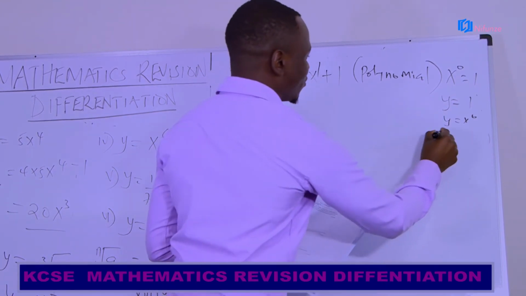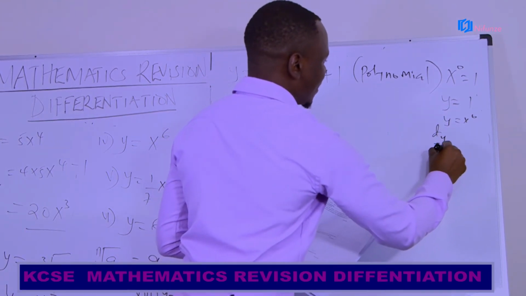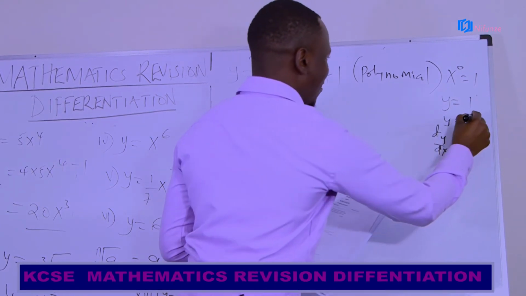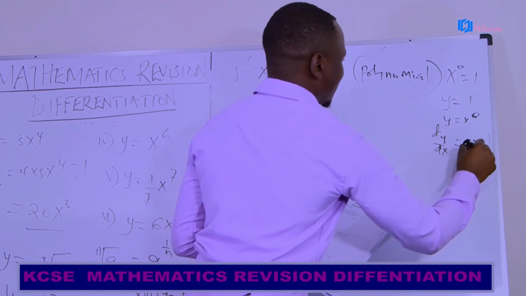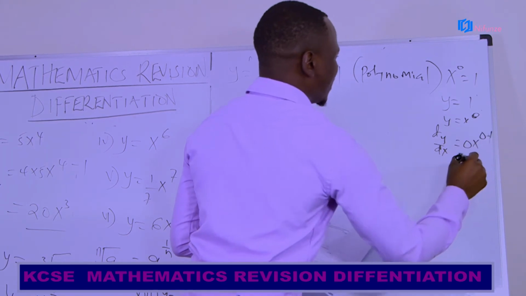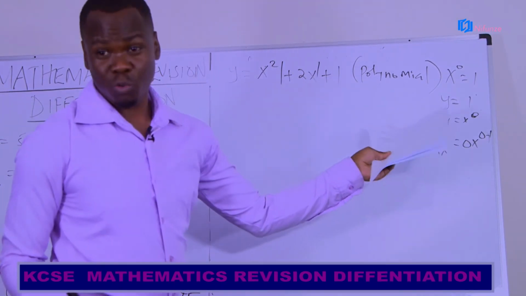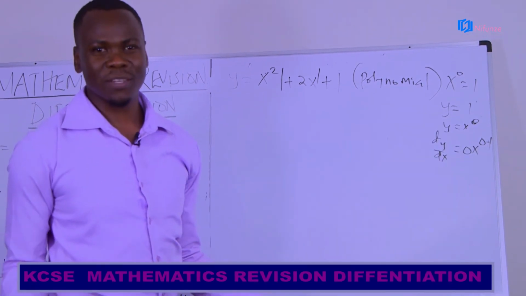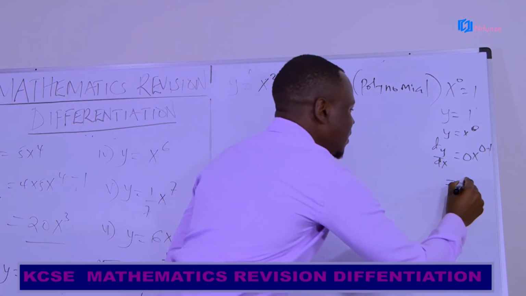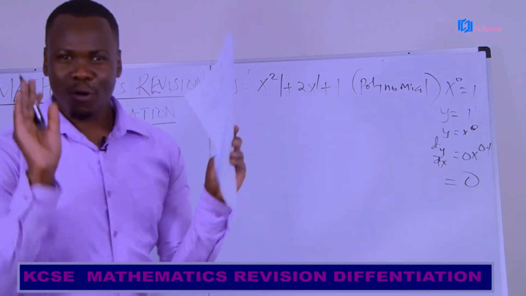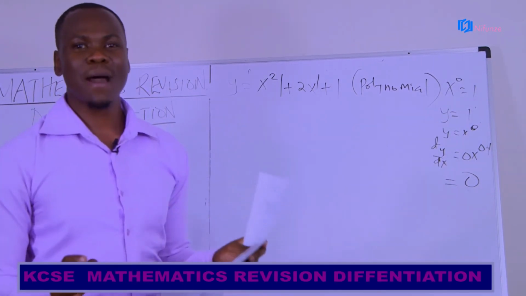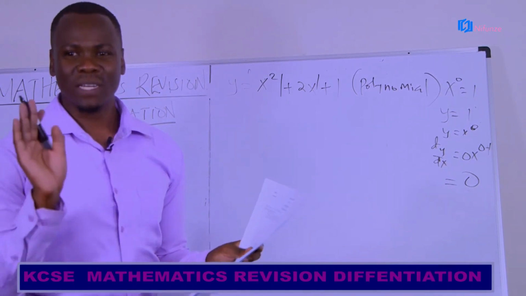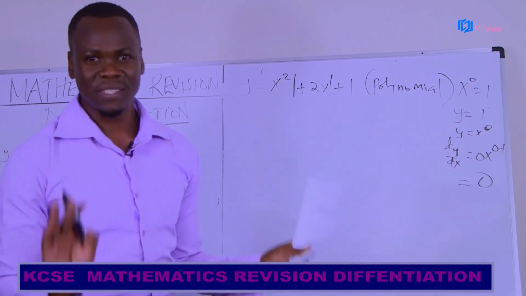And then from there you will say dy over dx is equal to 0 because our n is 0, times x raised to power 0 minus 1. Don't even bother yourself because we know a number times 0 is 0. So the derivative will be 0. So meaning that for a whole number without anything, the derivative is always 0.